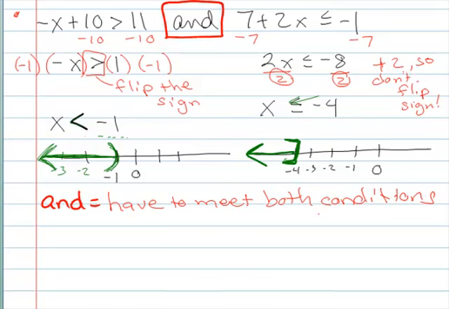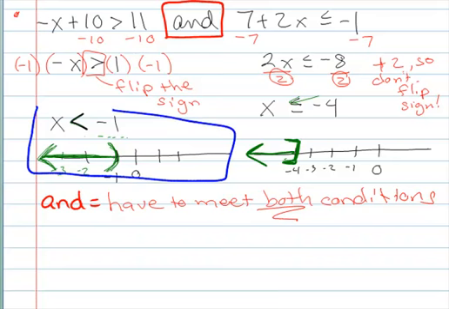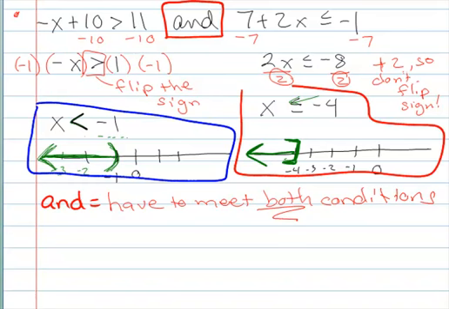Both of them. So I have to be less than negative 1, and I also have to be less than or equal to negative 4.